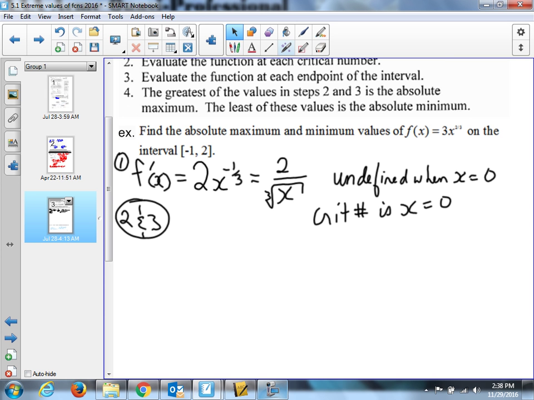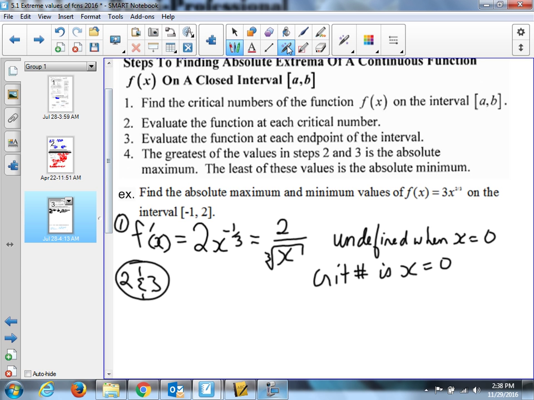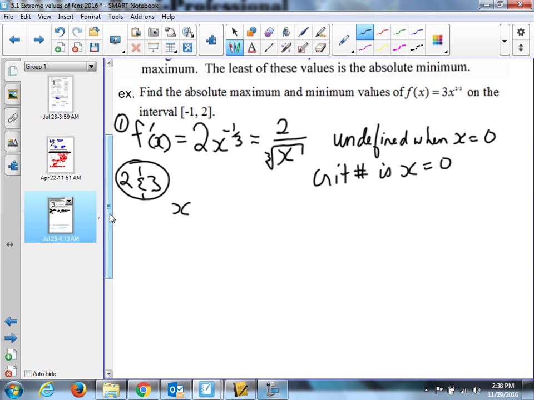Now, evaluate the critical numbers and the endpoints, right? What do I mean? These steps. That's what I'm talking about with 2 and 3, right? Set it up and organize it with a T-chart. So let's go in order. -1, okay. 0 is my next one, 2.